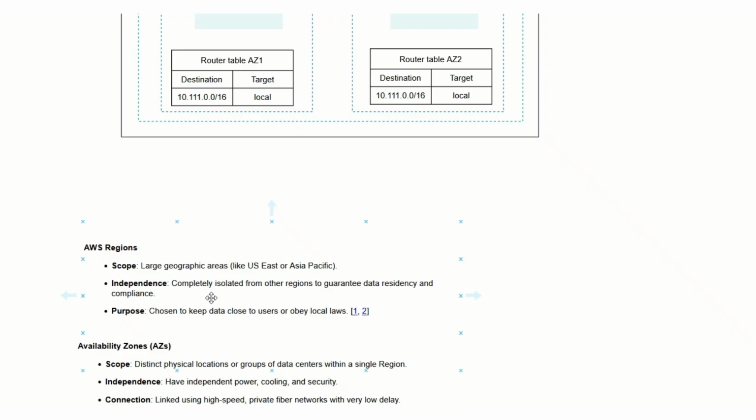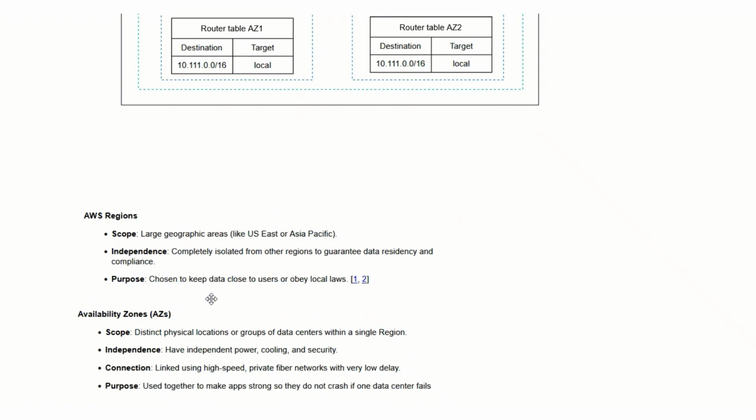If you have users in India, you can host your application in India, so that the users will face good performance. They don't want to feel any delay or anything, because we are hosting nearest to the users, so it will have good performance and availability.